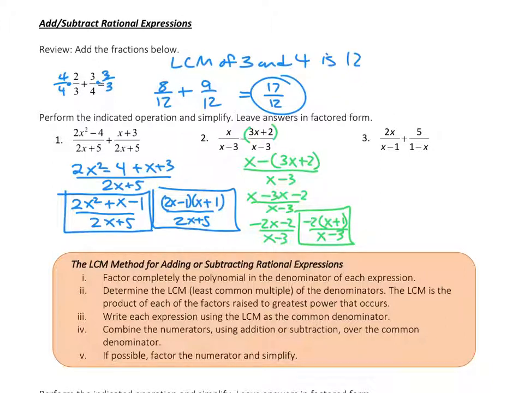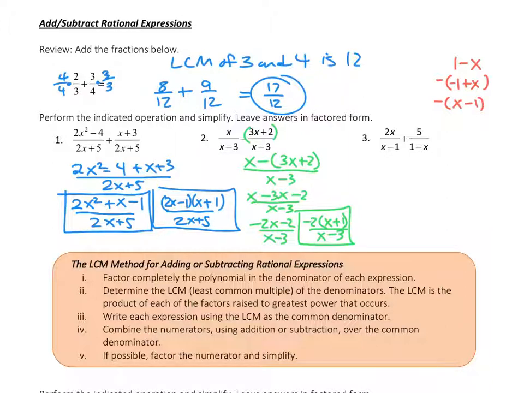So if I take 1 minus x, and I factor a negative out, I'm going to put a negative out front, and my 1 would change to negative 1, and my x is going to change to positive x. And if I switch around their order, that would be x minus 1 with a negative out front.